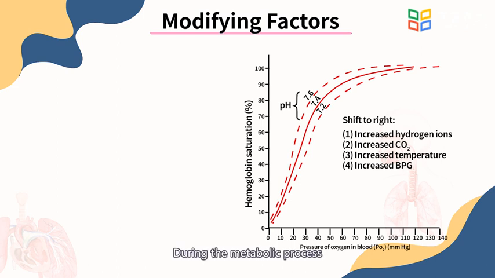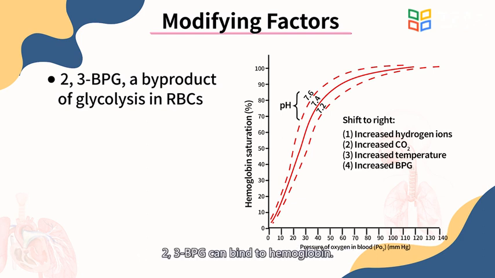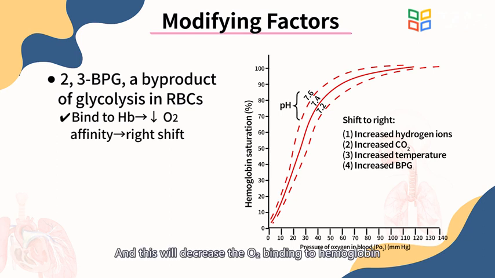During the metabolic process, 2,3-BPG, a byproduct of glycolysis in red blood cells, can bind to hemoglobin, and this will decrease the O2 binding to hemoglobin and shift the curve to the right. Consequently, more O2 is released to the tissues.